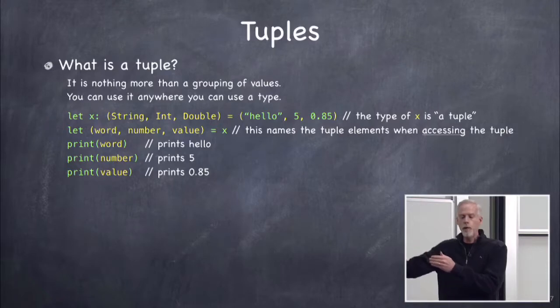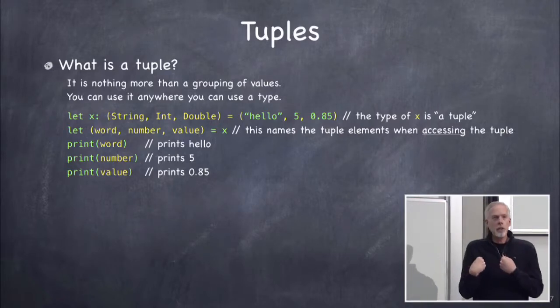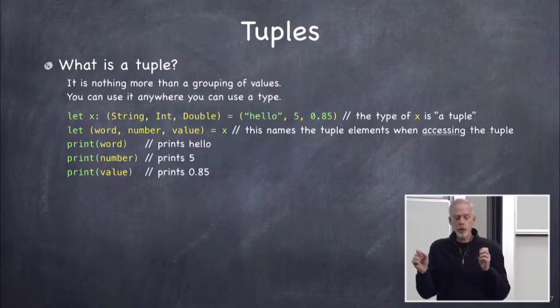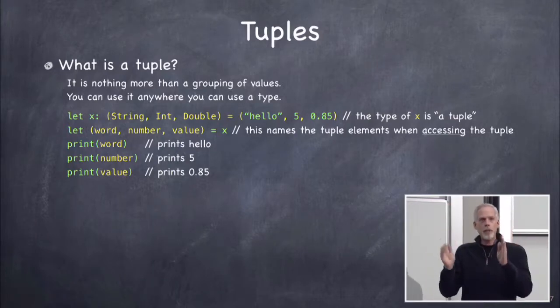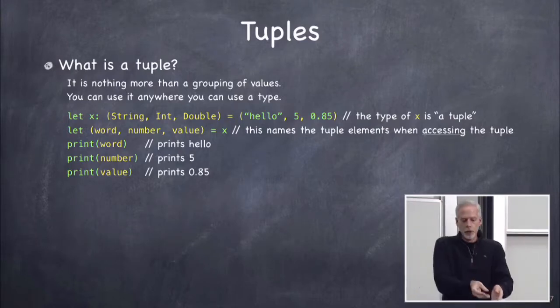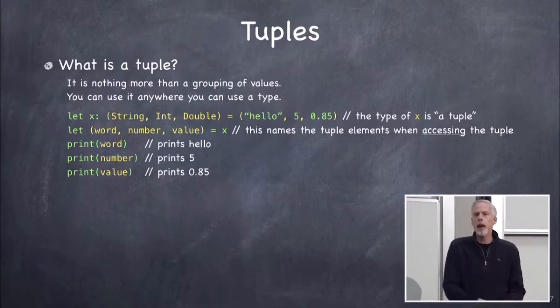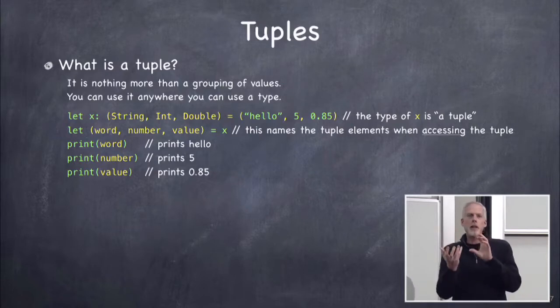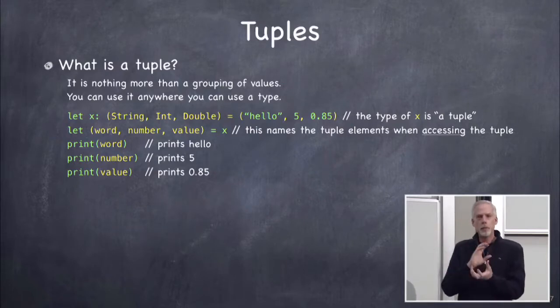Here I've set it to hello, 5, and 0.85. Now I can get the values out into individual variables by saying let, parentheses, 3 different variable names, equal x. Now it will pull out the 3 different values into the 3 separate variables: word, number, and value. So it's kind of a mirror image there. You can go either direction, putting things in or out.